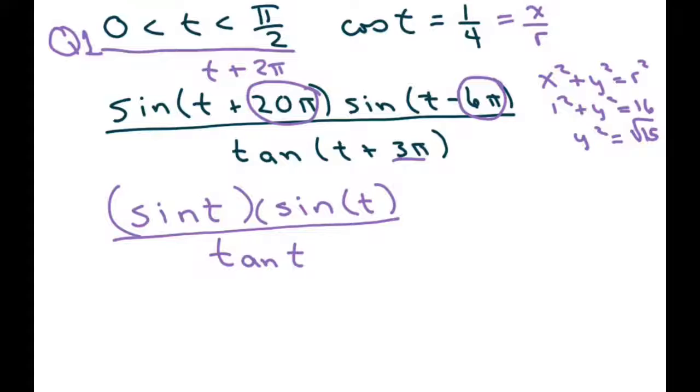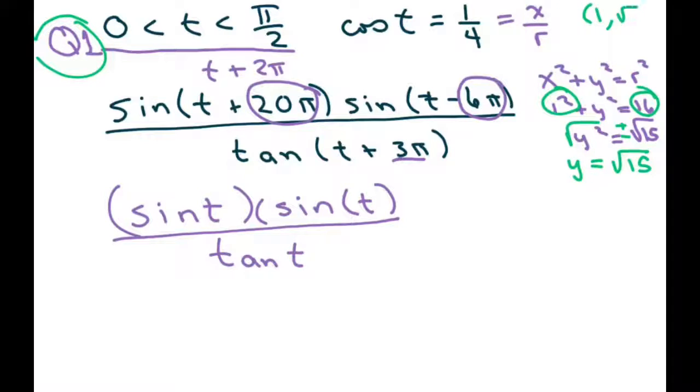I just did 16 minus 1, and y is going to be, you have to put the plus and minus here when you take the square root of both sides. So y is just going to be positive square root of 15, because we're in quadrant 1 and x and y are both positive. So we have our x, we have our y, and we have our r.